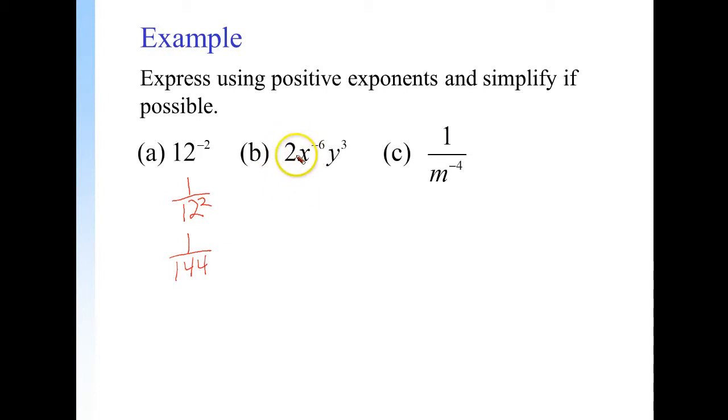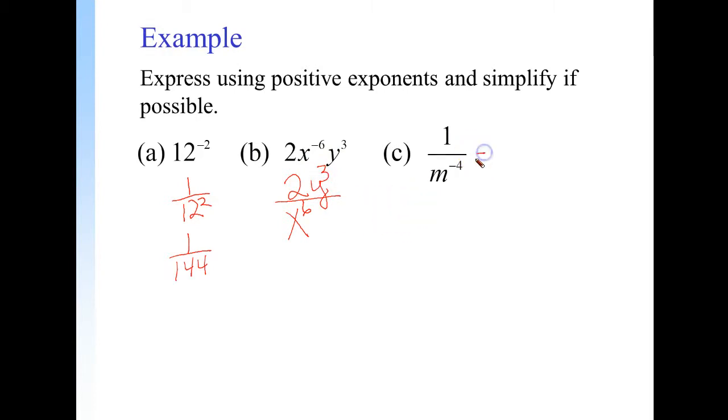Now notice here the 2 will stay up in the numerator. X to the negative 6 will go down as x to the 6th, and y is already positive, so that stays up.